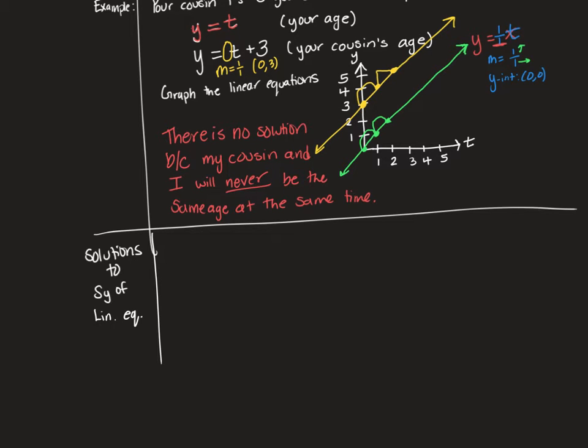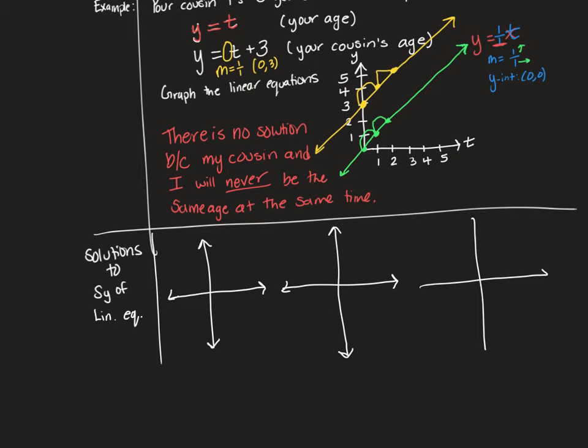So let's say we have a graph that looks like, let's write our x and y axis 3 times. So let's draw it 3 times. Okay.